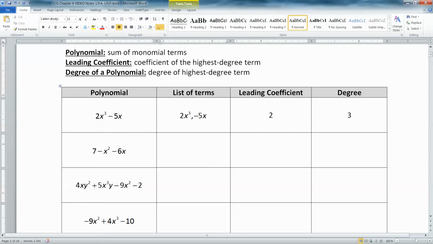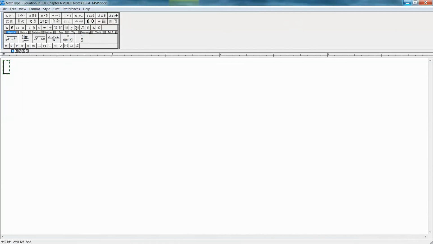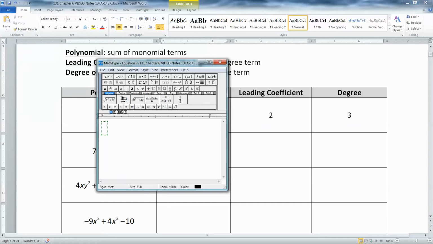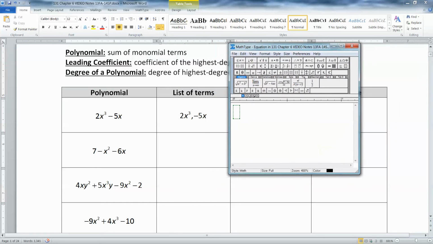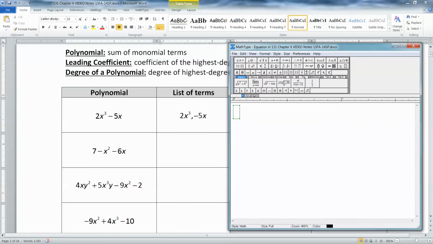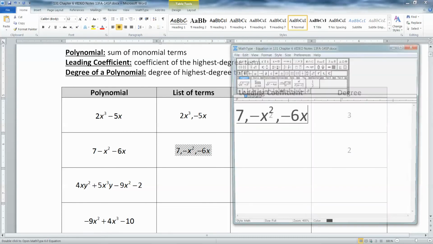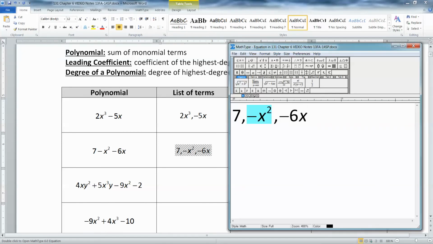Okay, so now what about the next one? 7 minus x squared minus 6x. Oops, hold on, I've got to bring that back. There it is. I just need to move this over so I can see what I'm doing here. All right, so I have 7, negative x squared, and -6x. Those are our 3 terms. The degree is 2 because the highest degree term is the x squared.